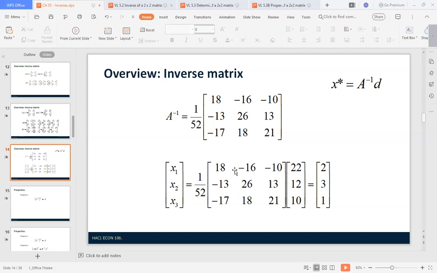Later on, you will have a lengthy process, I would say a more enjoyable process, of getting the inverse once you have an idea how to determine the determinant. But again, after establishing this relationship on getting the x star, then we can go through this process.